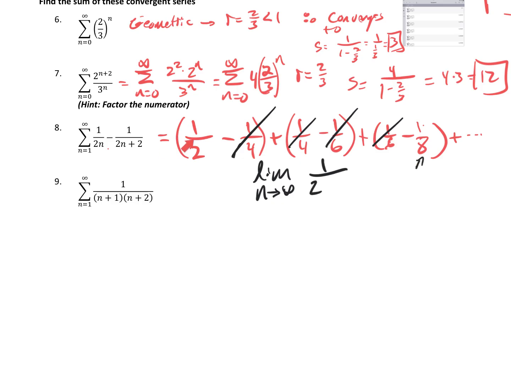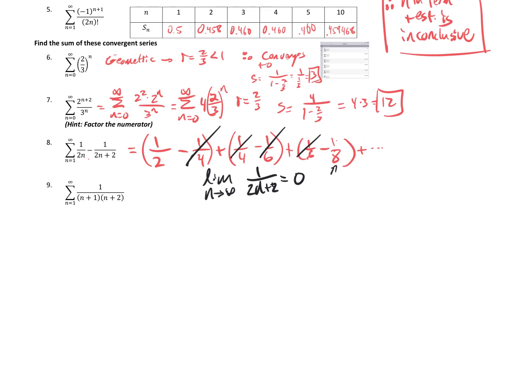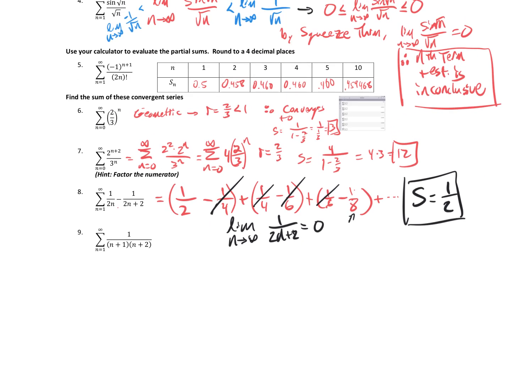The first term is 1/2. As n goes to infinity, the bottom is blowing up, so this is going to 0. So that last fraction is going to disappear. And so the limit, or the sum of the series, is 1/2. Okay, that's the infinite sum.